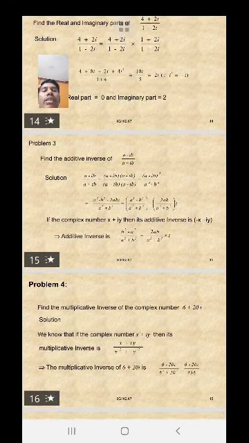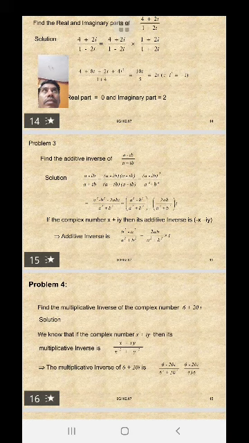Find the additive inverse of (a minus ib) by (a plus ib). The solution is, let us write what is given. Given is a minus ib by a plus ib.